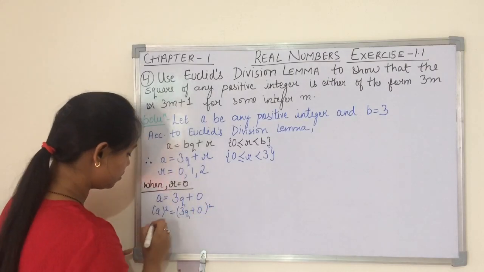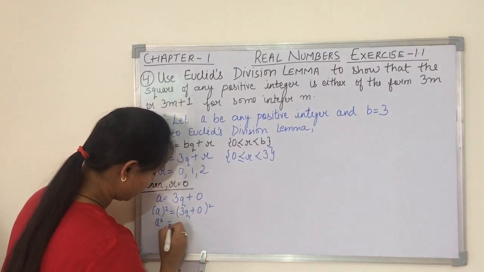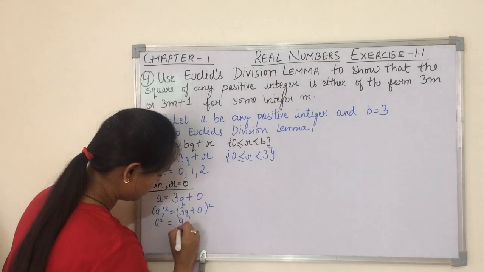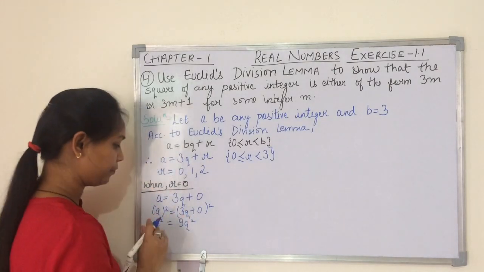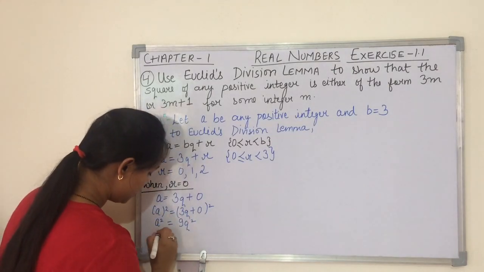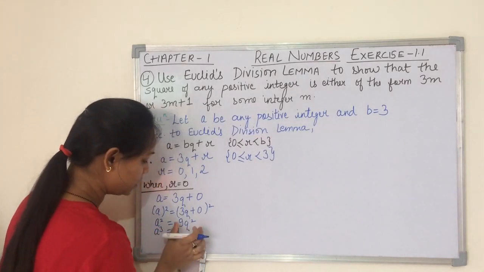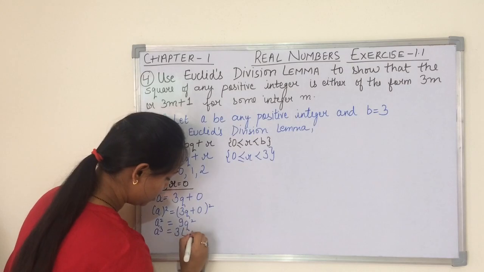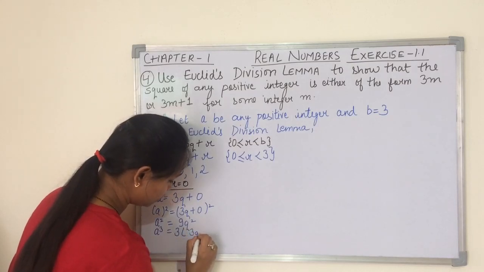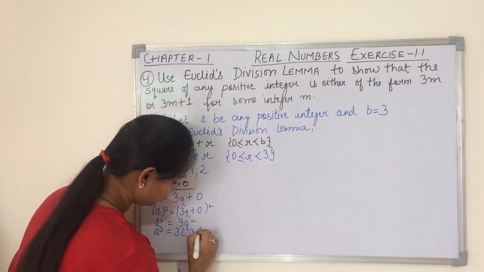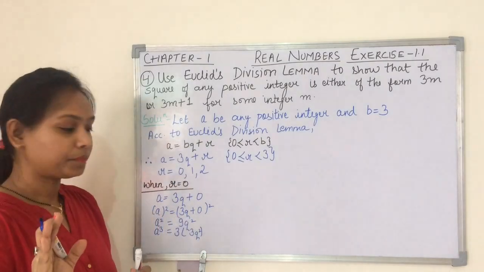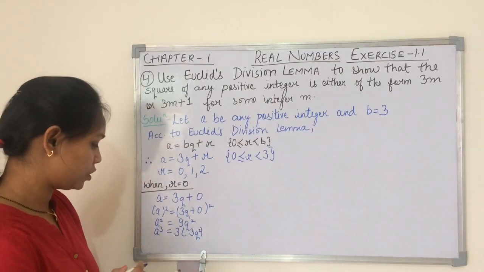Since it is 0, the value we get is a square equal to 9q square. Now let's take 3 common out of 9q square. So we will be left with 3q square.